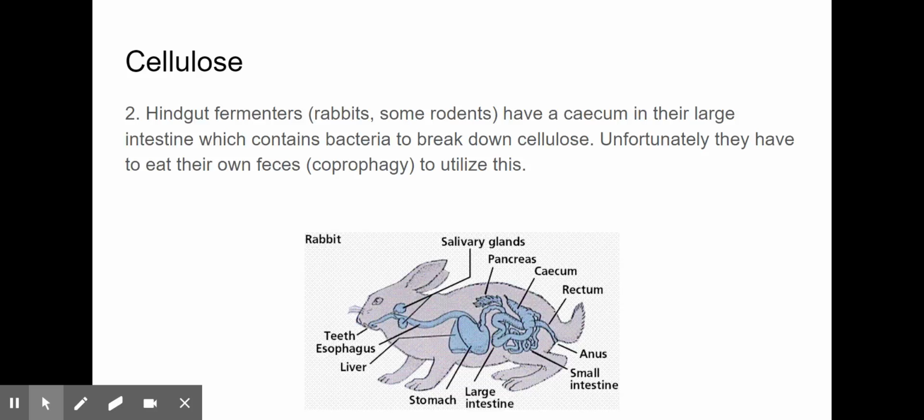So they eat their first poop of the day, and then the broken down cellulose can be absorbed in their small intestine. But they won't eat that second poop, because they've already gotten all of the cellulose broken down out of it. So they're actually pretty clever. It's kind of clever, isn't it?